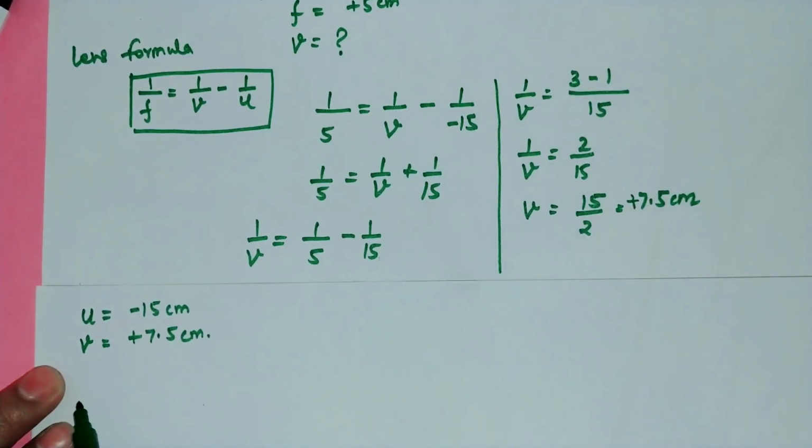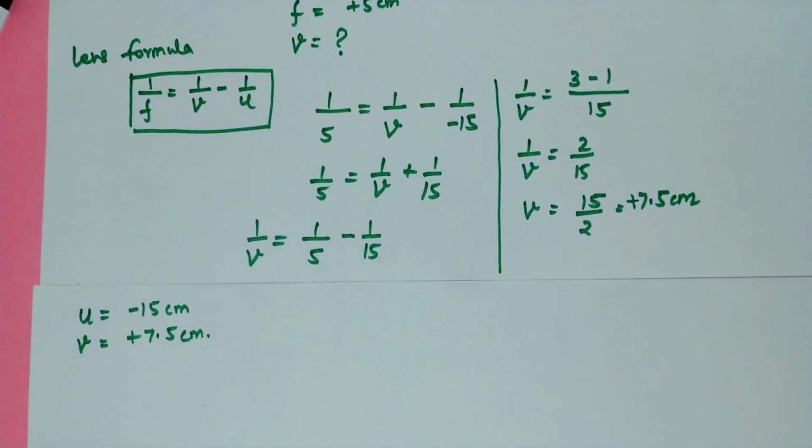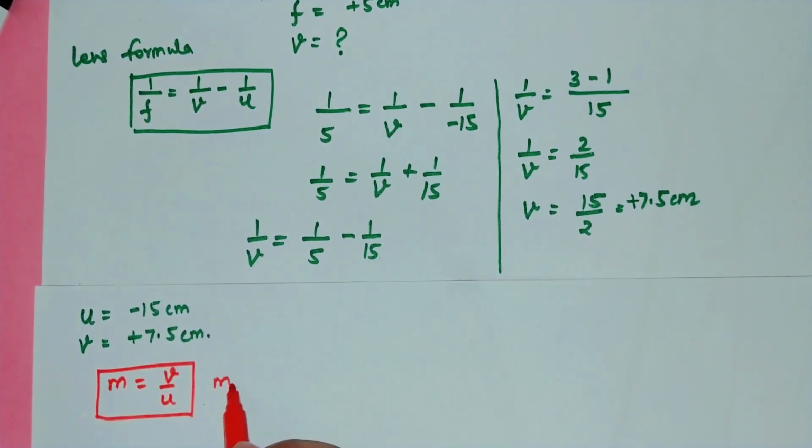We know that magnification m is equal to v upon u. This is the formula for magnification.